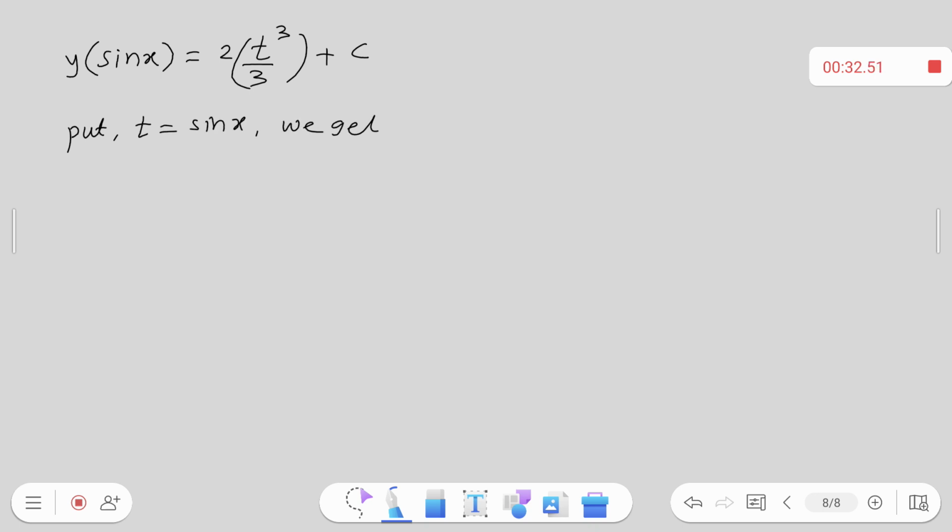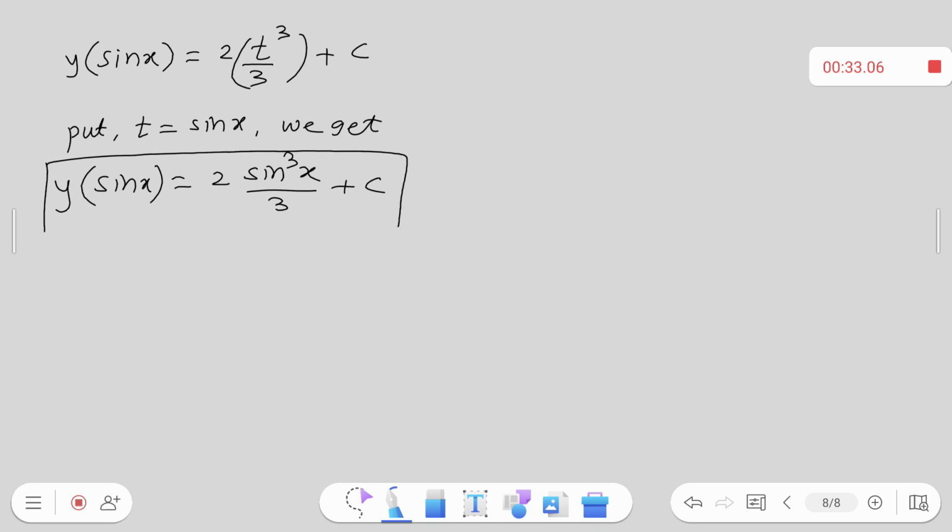We get y into sin x is equal to 2 sin cube x by 3 plus constant of integration c. This is the general solution of the linear differential equation.